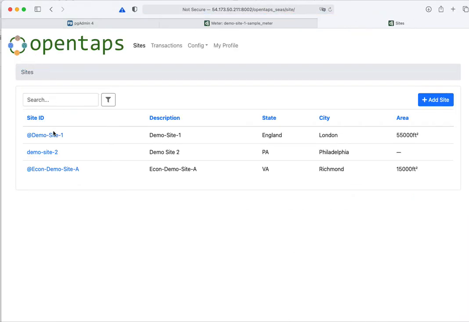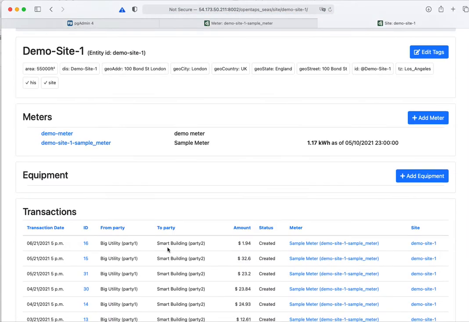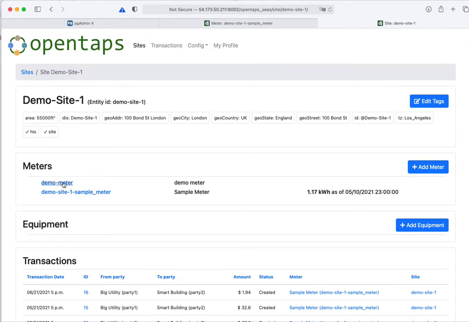So this is your first building, and then it has a meter.